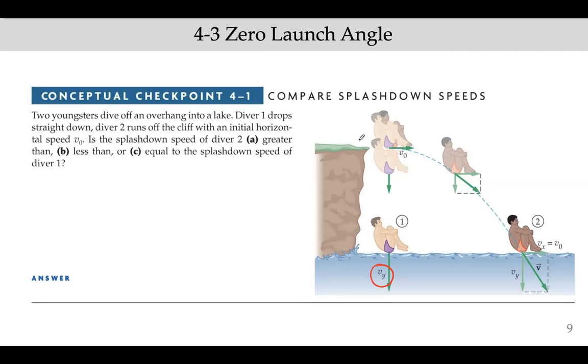And the second guy is going off with some launch angle. So he's going down, but he's also going in the positive x direction for some distance. So they have some velocities. This is the velocity of hitting the water for the second guy. The question is, which one is greater? Is this velocity or this velocity? Which one is greater?